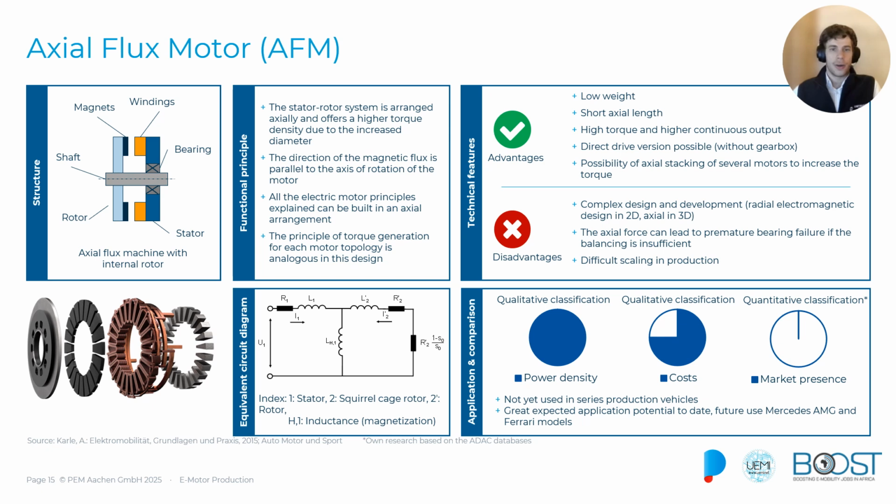We gain a high torque and higher continuous output, while at the same time we can reduce the axial length and therefore lower the weight. By that, we have the possibility to add several axial stator or rotor discs to increase our power and torque.